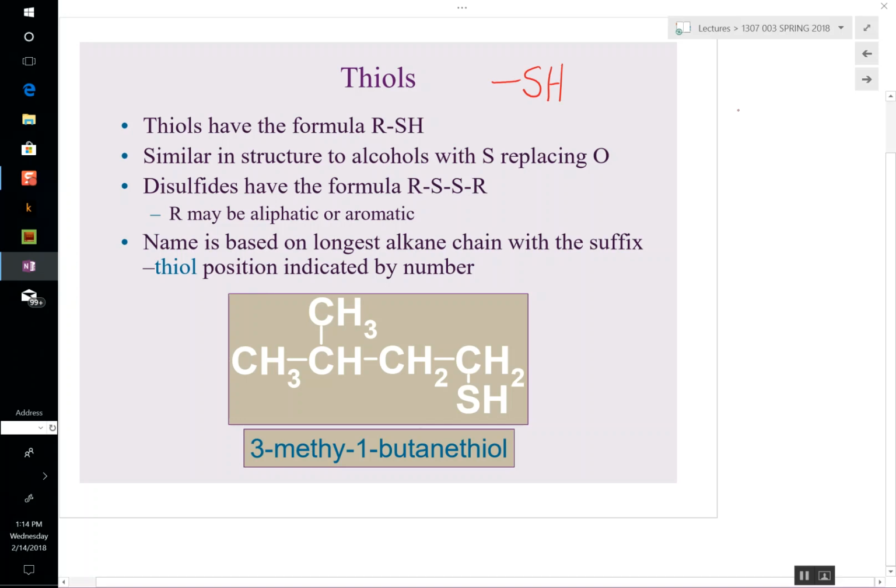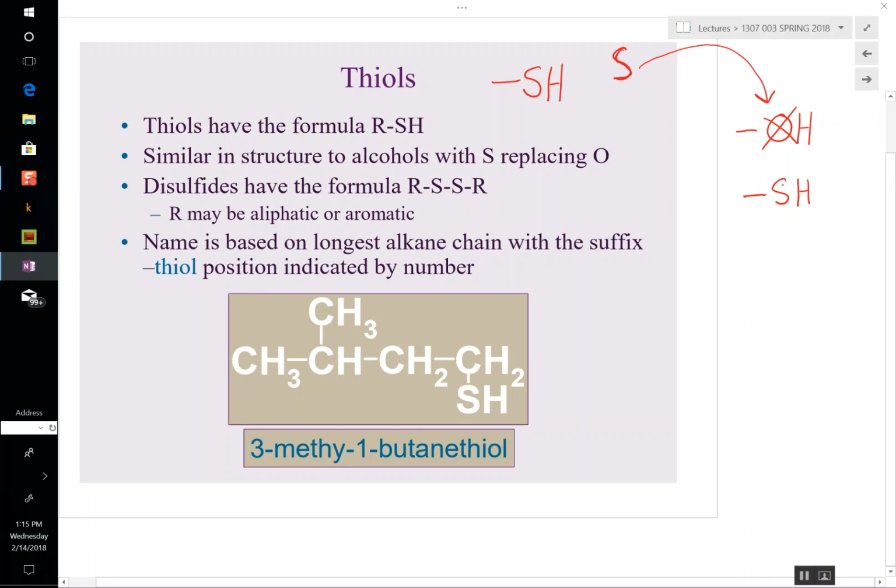You're picking up the name -ol like you have for alcohols, but thi- is referring to the fact you don't have an OH like an alcohol. You have replaced the oxygen with a sulfur, and you have an SH. So we're taking the oxygen out of there, and we're getting a thiol.